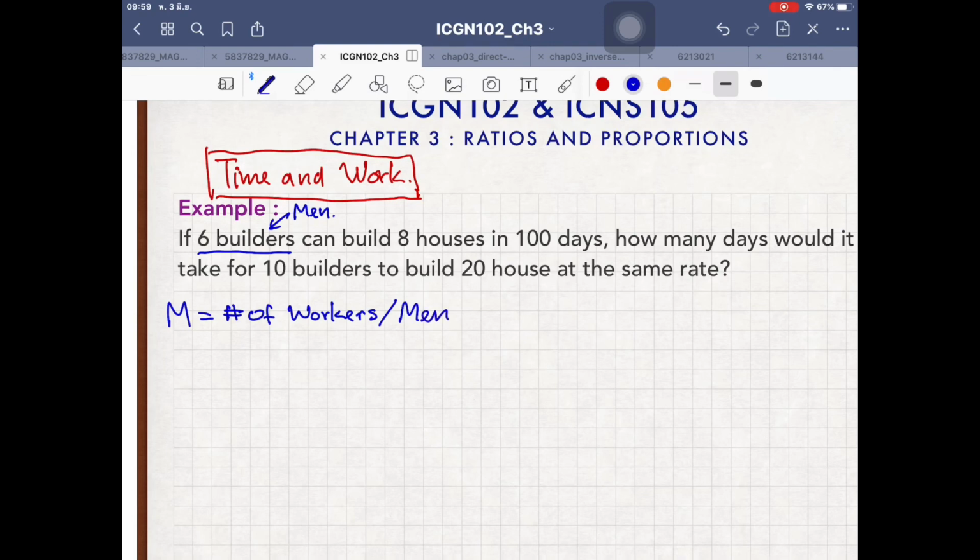Okay, and then the next thing is we take 100 days to be the time to finish the job.